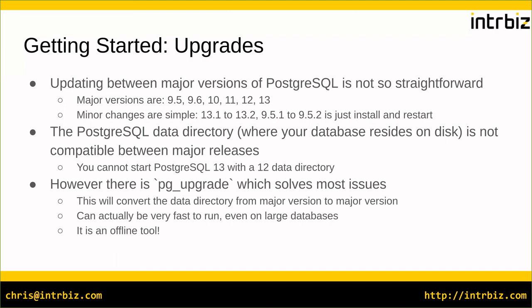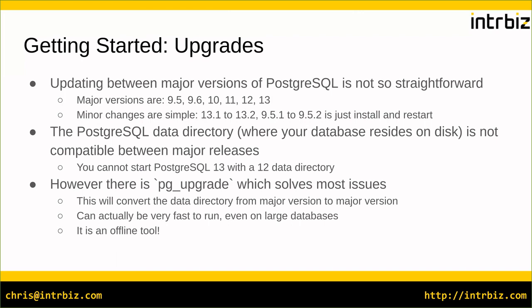However, a few years ago now, probably about 5 years at least, we got a tool called pg_upgrade, which solves a lot of these problems. It will allow you to convert the data directory from one version of Postgres to the other. To do this, you basically have to install both versions of Postgres on the same server and then run this command.